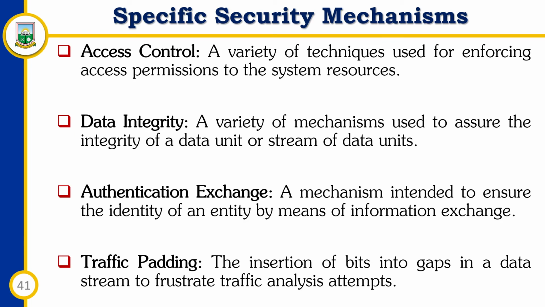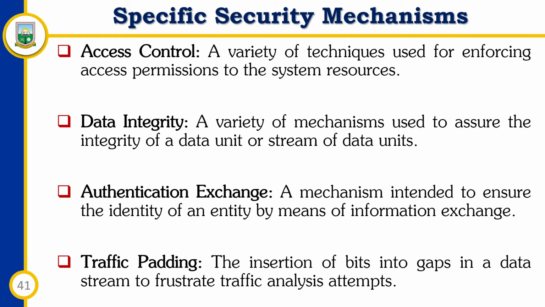When this appended packet or data is checked and is the same while sending and receiving, integrity is maintained. There are times when you are downloading a file, they give you the hash function of the file, so that if you download it and compare, and the hash is not the same, it means the data has been corrupted or intercepted in one way or the other. So that is one way of checking for data integrity.